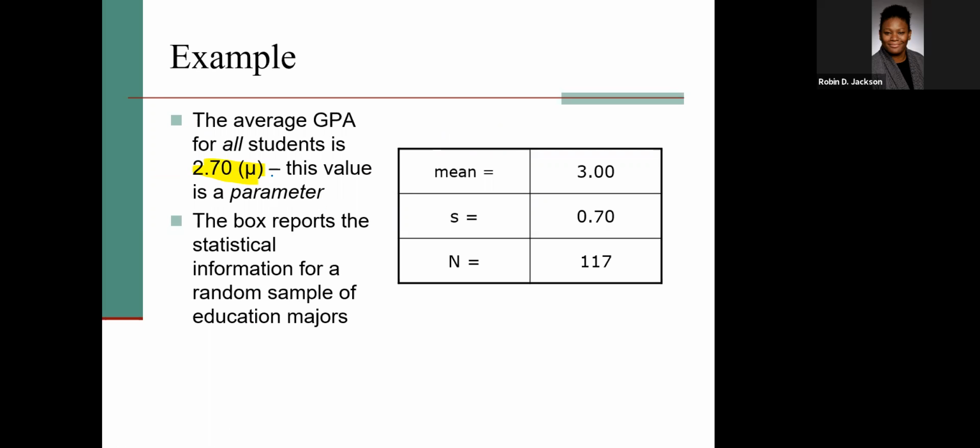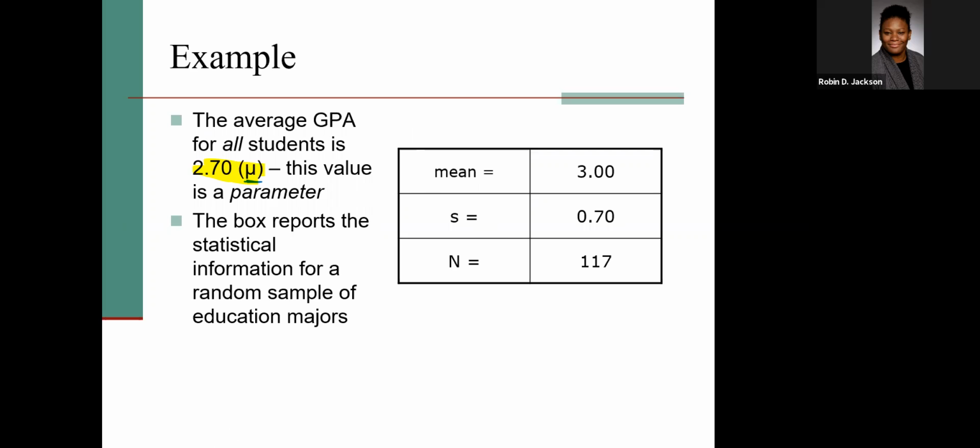Don't forget that. Some people say it looks like a strange U. I say a funny looking M. So that is your population mean. This information right here is for your sample, okay? So that is for your sample. I'm not even going to write it, we'll just leave it be.